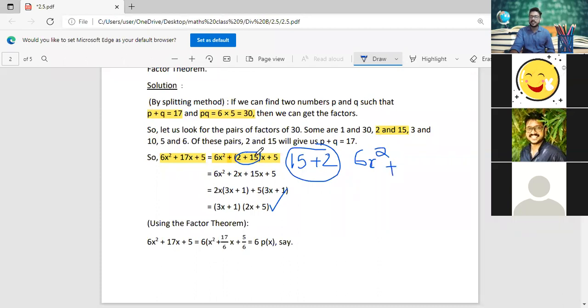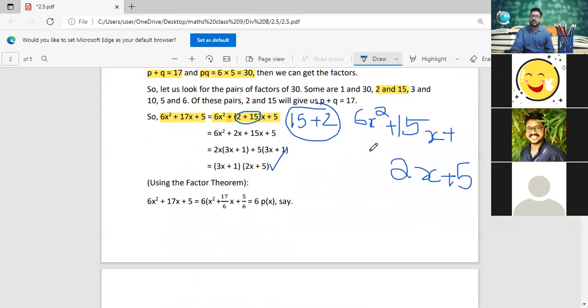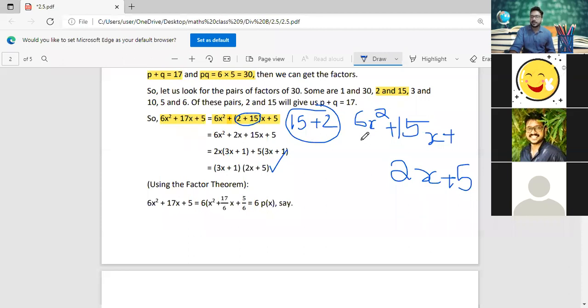See, if it is written 15 plus 2, we can expand it like this: 15x plus 2x plus 5. And again, from the first two terms, you can take the common factor. Which one?